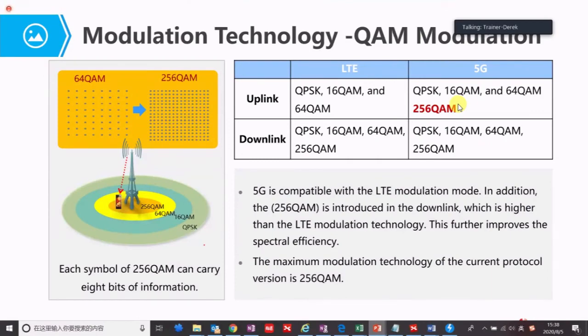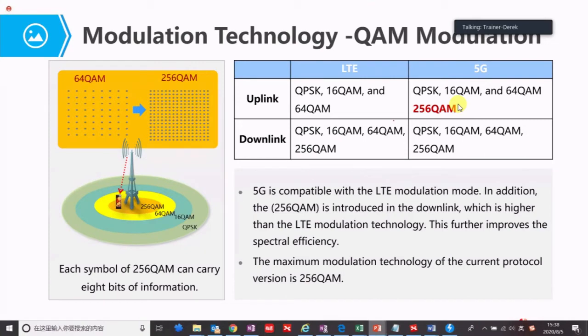Okay, next. Second, modulation technology, quantum modulation. For the modulation in the 5G, a new modulation for uplink is introduced.